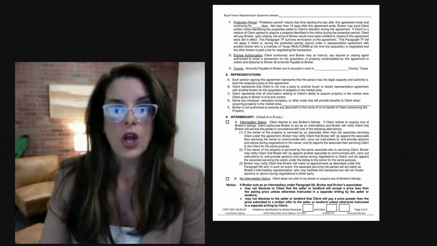So remember, the agreement expired, the agreement is terminated, and your client goes back out the day after this expires and puts an offer on one of the homes that you just showed them the day before. According to this protection period, whether you put on there 30 days, 60 days, 90 days, you are protected from all the homes that you showed the client.